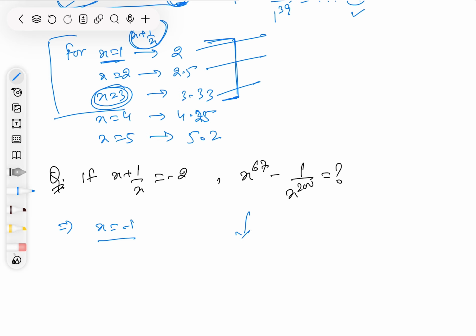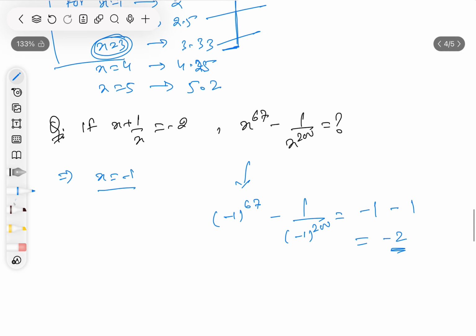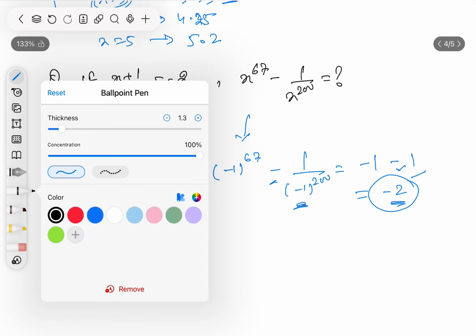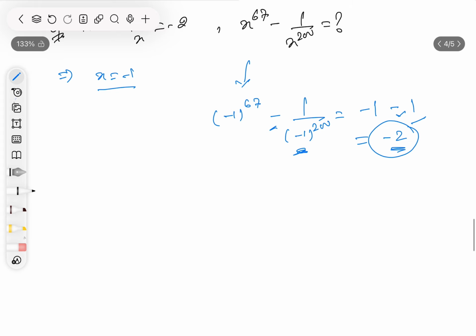So when we put minus 1 over here, it will be minus 1 minus 1. So the answer will be minus 2. Right? From here you will get 1, but since we have minus sign, so minus 1, and in total it will be minus 2. Okay, so this is how you can remember these things.